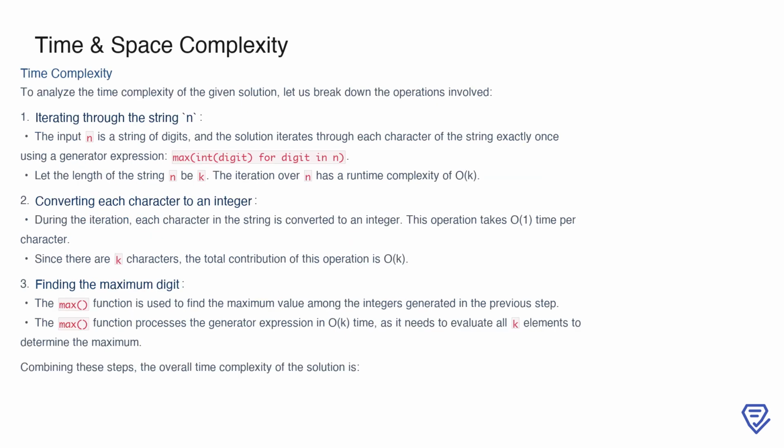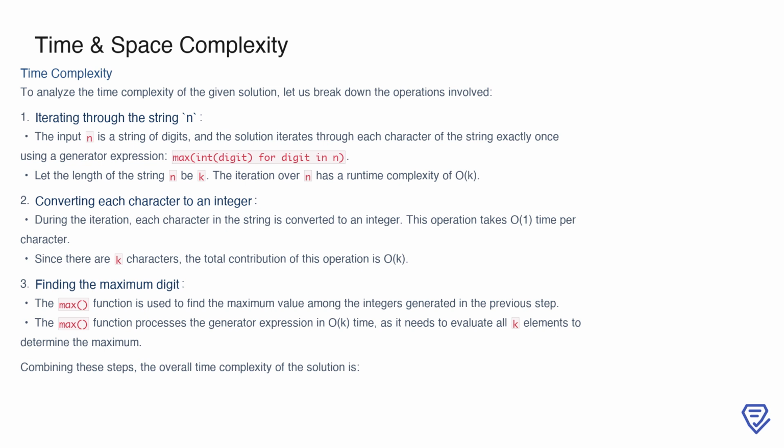To understand the time complexity of our solution, let's first break it down into its core operations. The primary step involves iterating through the input string n, which contains the digits of the number. Each character in the string is visited exactly once as part of the generator expression max(int(digit) for digit in n). If the length of n is k, this results in an iteration that takes O(k) time.